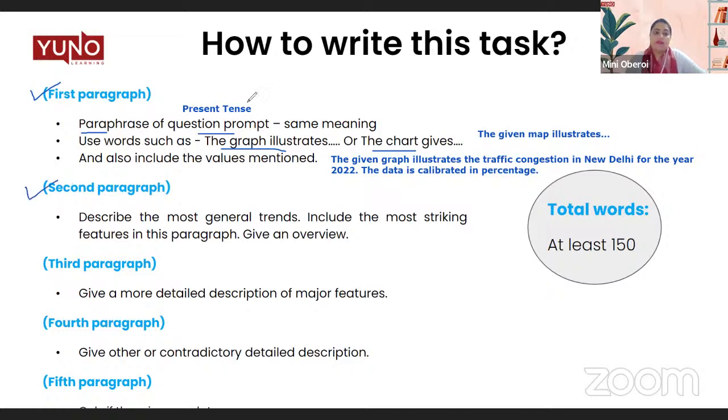The second paragraph is what we call the overview paragraph. It highlights the striking features. If I talk about the traffic, maybe the traffic of cars is highest compared to all the other automobiles.